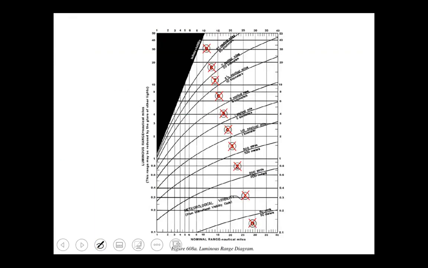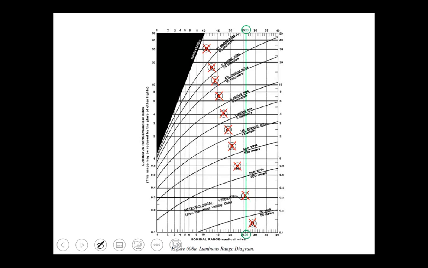So let's go ahead and use the luminous range diagram again, and let's input these values. So again, x-axis, we'll do 26 nautical miles, and draw a vertical line straight up connecting 26 nautical miles. And this time we have to pick the 5 nautical mile visibility curve.